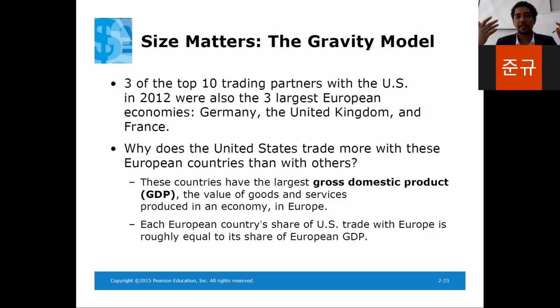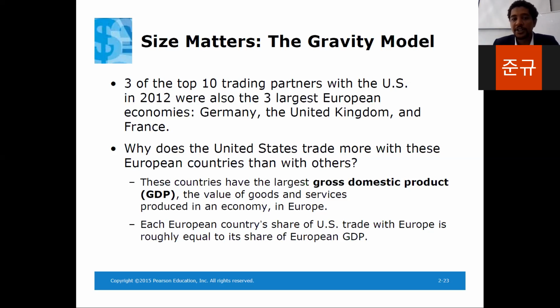That is the point. If you see, three of the top 10 trading partners of the US are Germany, United Kingdom, and France. In Europe, with North America and South America, we have NAFTA.